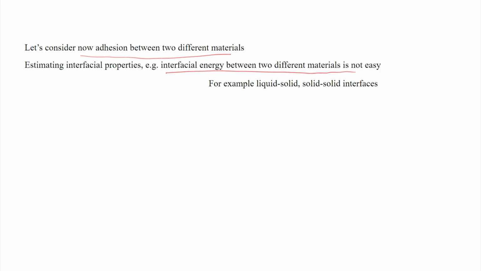We need to estimate this gamma 1 2 because that is what will determine when two materials come closer, when they will attract each other, when they repel each other and all that. So, we have this particular problem at hand: how to estimate the interaction energy, the interfacial energy, between two different materials. Essentially, we are talking about this quantity gamma 1 2.